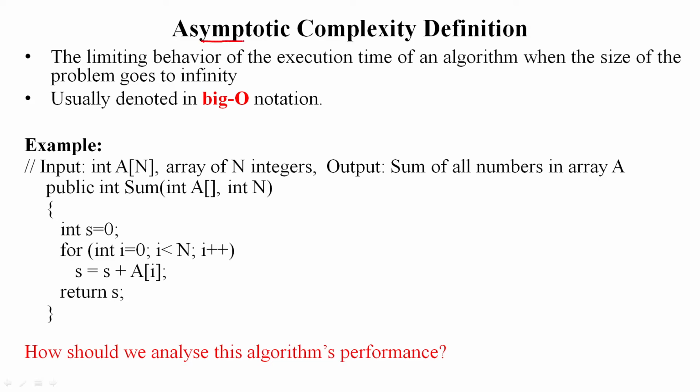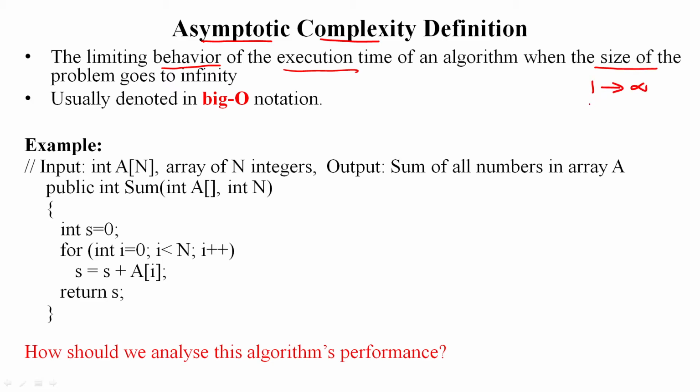What is asymptotic complexity? Asymptotic complexity is used to measure the behavior of an algorithm's execution time, which is measuring the algorithm's performance by changing the input size, from 1 to infinity.